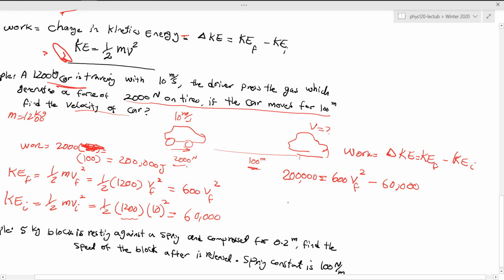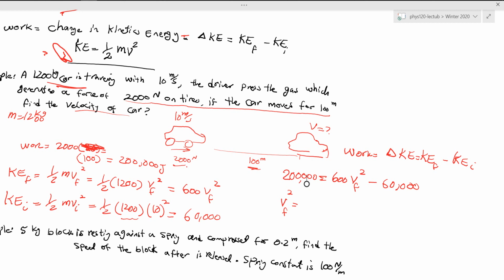Now if I bring this one to the other side, I'm going to get Vf to the power of 2 is equal to, so this will be added because it becomes positive, so you're going to get 260,000 divided by 600. And then from there you can actually calculate how much Vf is.